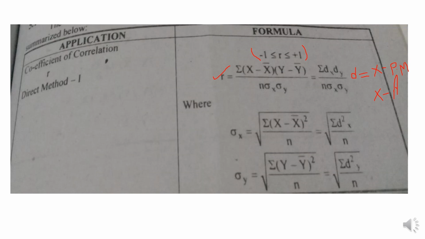What is the second direct method? The second direct method is r equals summation xy by n minus summation x by n into summation y by n, and the whole divided by sigma x sigma y. For the second direct method there are different formulas for sigma x and sigma y.